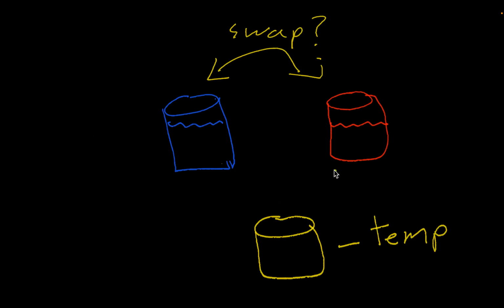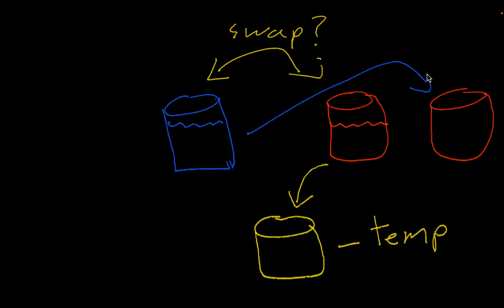So if we pour the Kool-Aid in the temp cup, then the Kool-Aid cup will be empty after that. Once the Kool-Aid cup is empty, then it can be used as a container for the water. So then we can pour the water in here. Then we'll have an empty water cup.